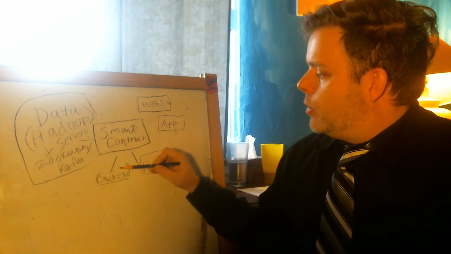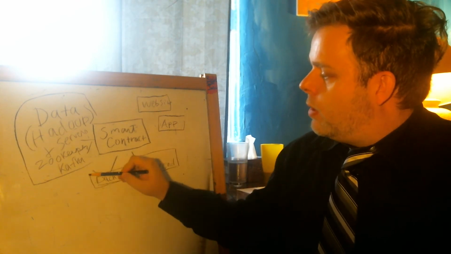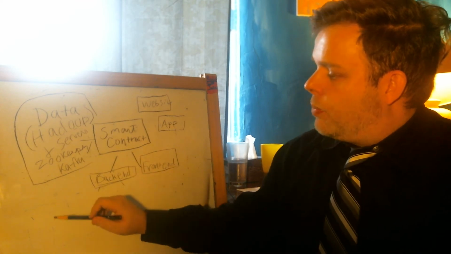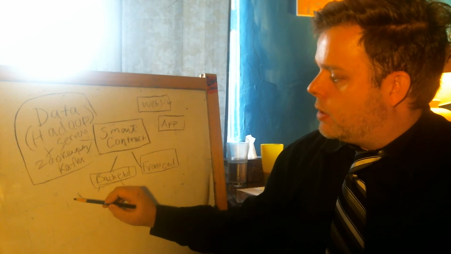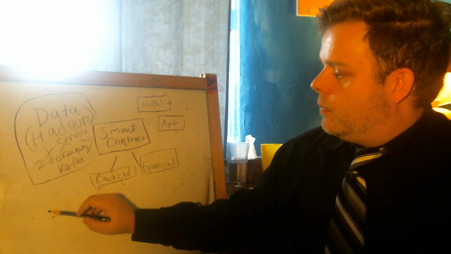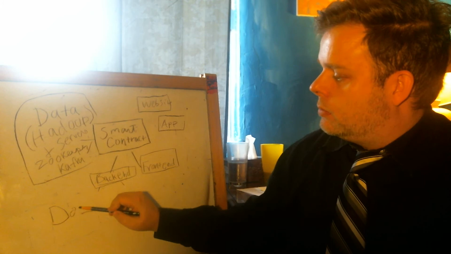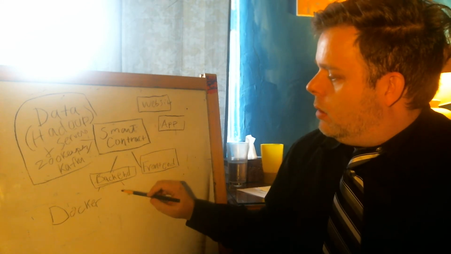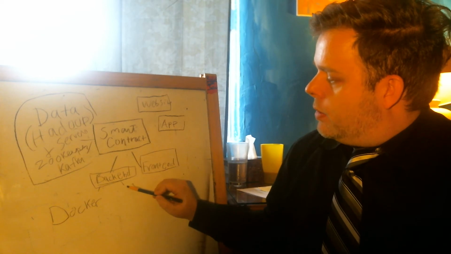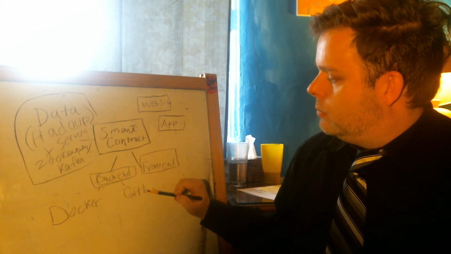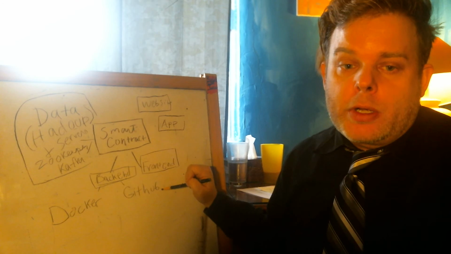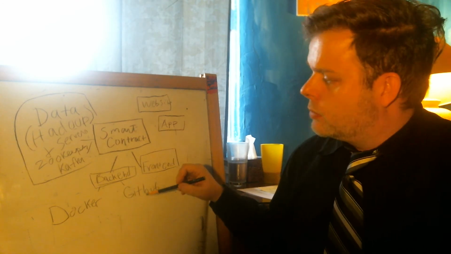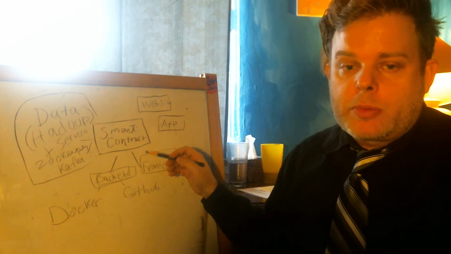But the problem is, if you don't have a back-end development plan, a place where you can test, unit tests, such as Docker, and GitHub, where developers can collaborate and work together to work on your software, or to even work on your smart contract.